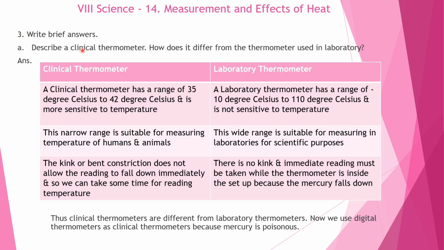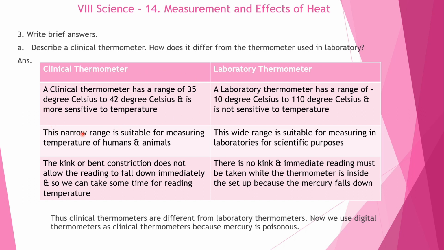Question 3. Write brief answers. Describe a clinical thermometer. How does it differ from the thermometer used in a laboratory? We will write it in the distinguish between form, children. This is clinical thermometer. This is laboratory thermometer. A clinical thermometer has a range of 35 degrees Celsius to 42 degrees Celsius and is more sensitive to temperature.